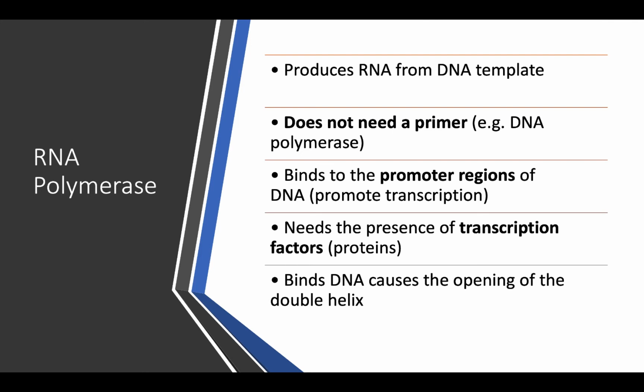فأول شيء بتعمله it needs to bind DNA. بعدين بدها تفتح ال DNA. It binds the DNA promoter regions. بعدين البوليمريز بعد على promoter regions بيحتاج عشان يقعد على promoter region بيحتاج transcription factors.